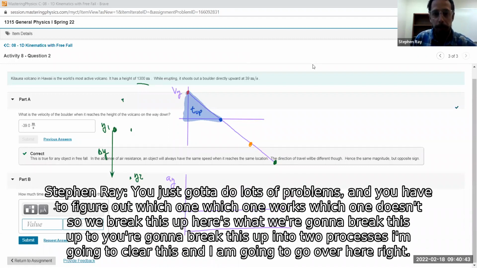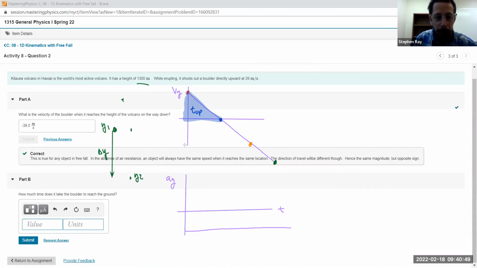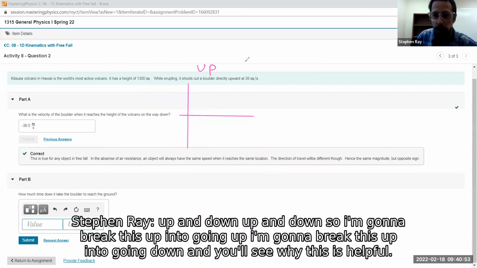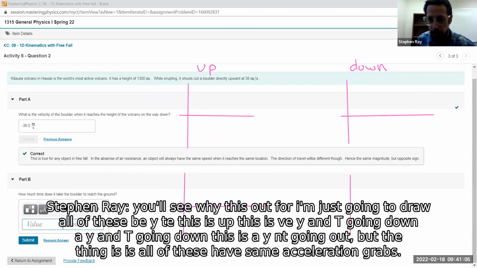I'm going to clear this, and I'm going to go over here. I have an up and then a down, up and down. So I'm going to break this up into going up and going down, and you'll see why this is helpful.